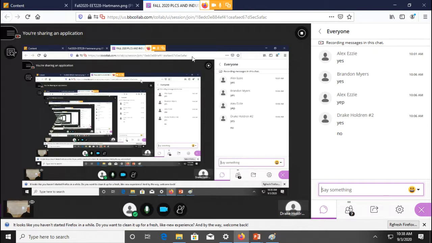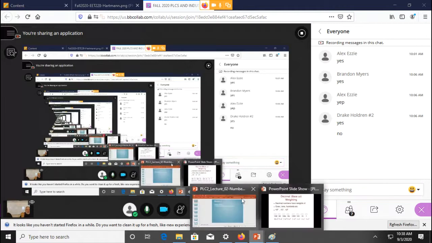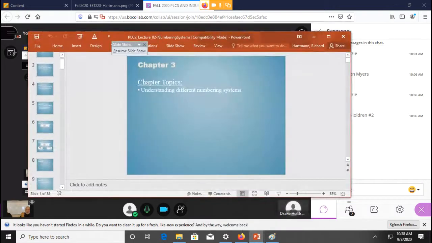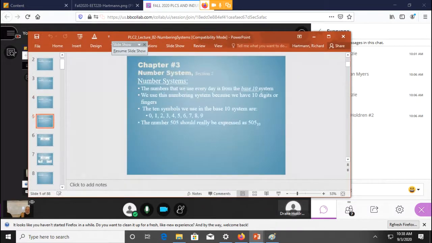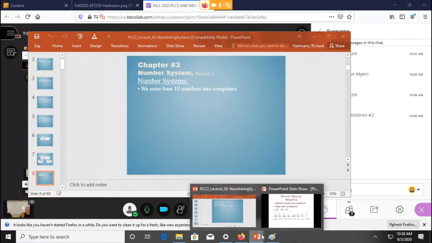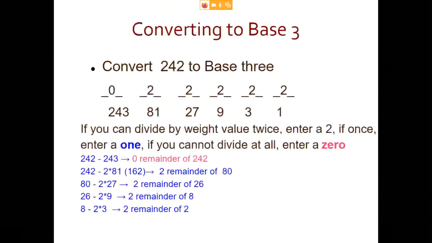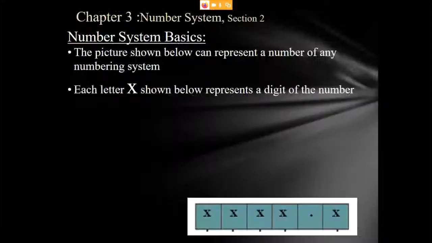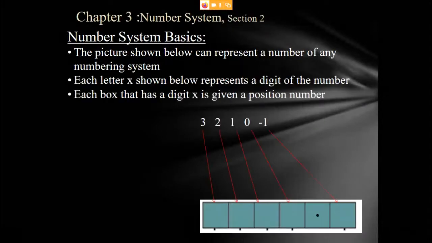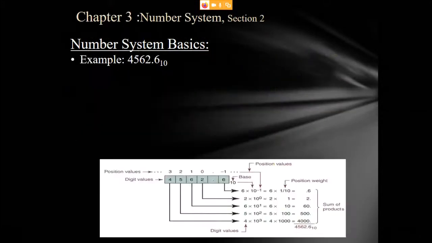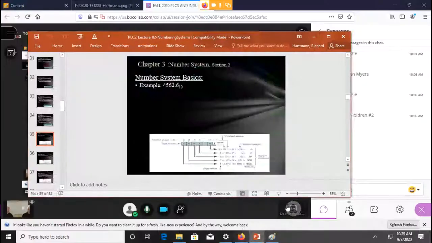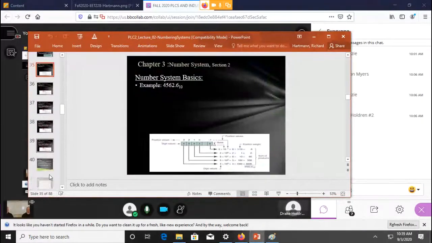You could also use this numbering system for hexadecimal or octal. However, this is the key point. Let me flip over here to the octal numbering system.